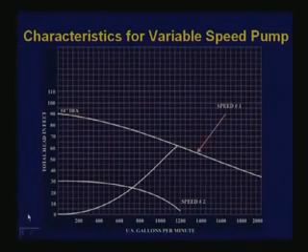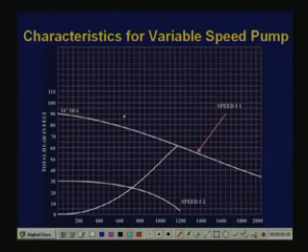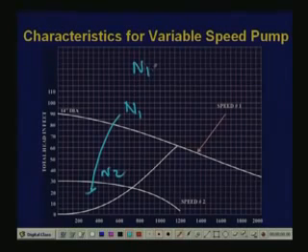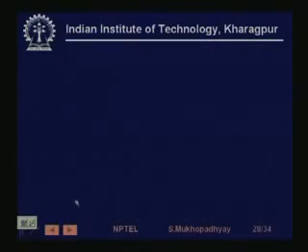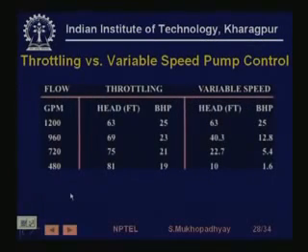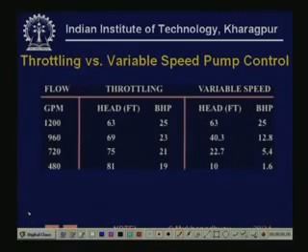Now, if we control the speed as before, the pump characteristic will now come down. This is N1, this is N2, and N1 is greater than N2. So the operating points will now shift from this to this, just like the previous case. If you do a similar analysis on this pump, a similar thing comes out.